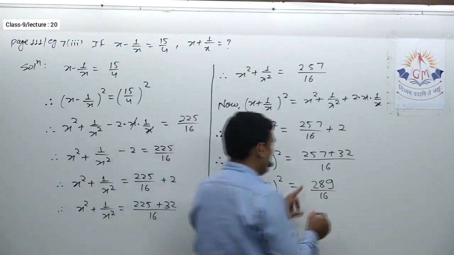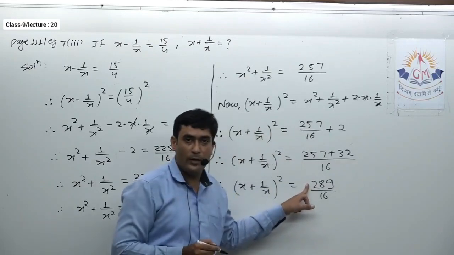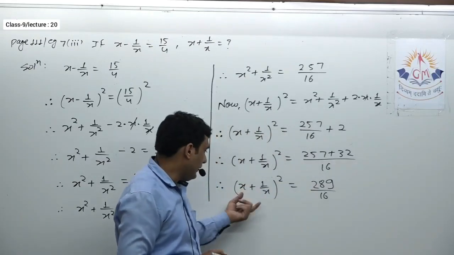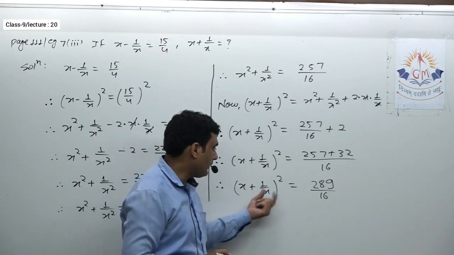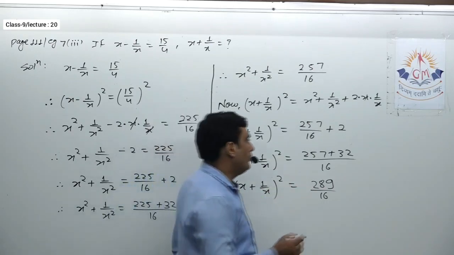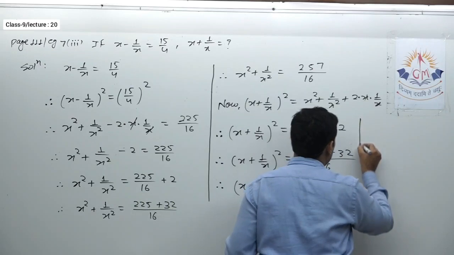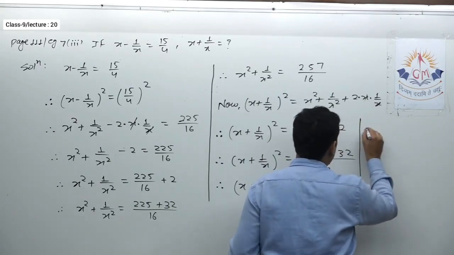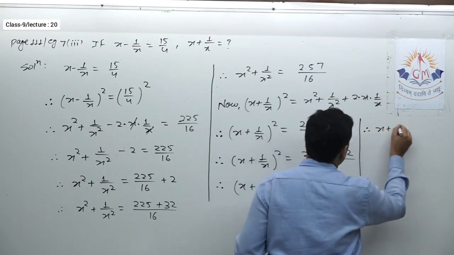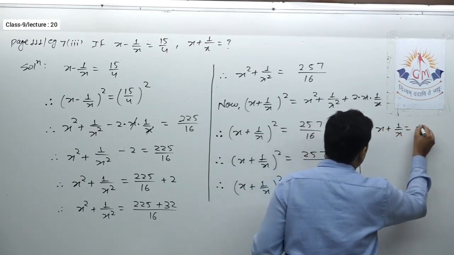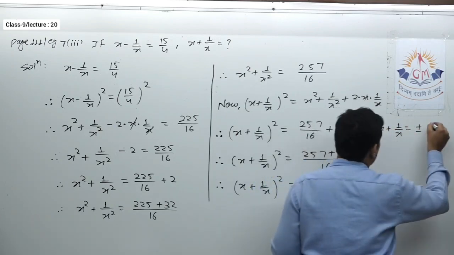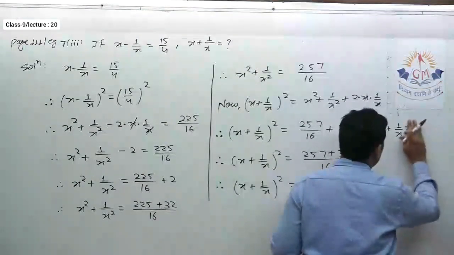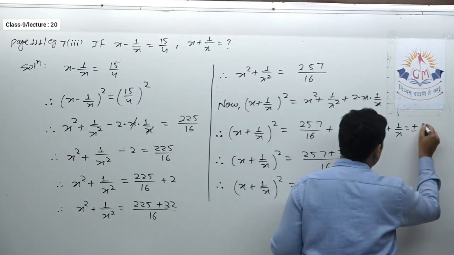If you remember, 289 is the square of 17 and 16 is the square of 4. That means to get the value of x plus 1 upon x, now we have to take the square root on both sides. So therefore x plus 1 upon x is equal to plus minus 17 upon 4.